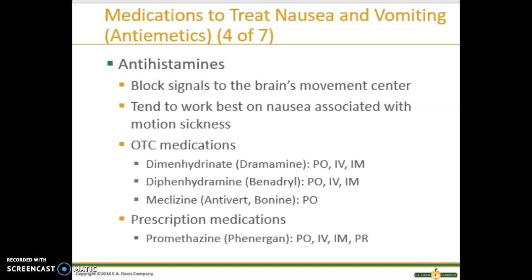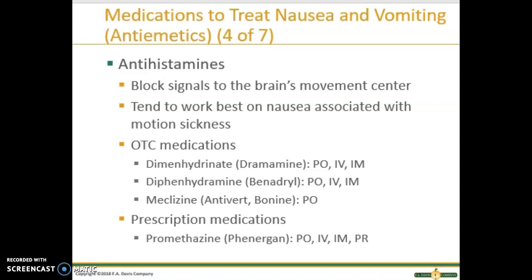Antihistamines block signals to the brain's movement center, and they tend to work best on nausea associated with motion sickness. Some over-the-counter medications are Dramamine and Benadryl, and an example of a prescription medication would be promethazine.